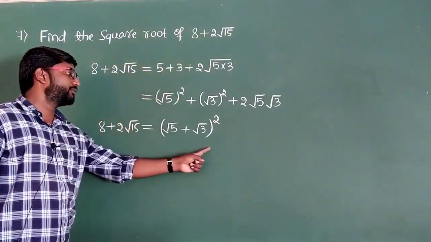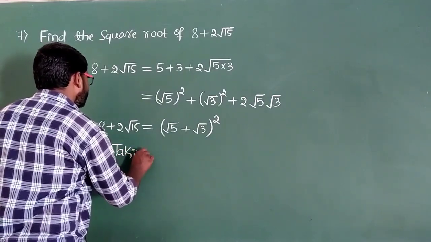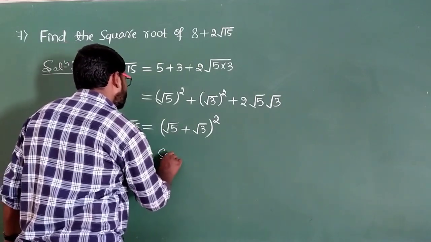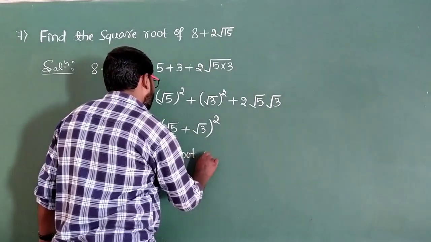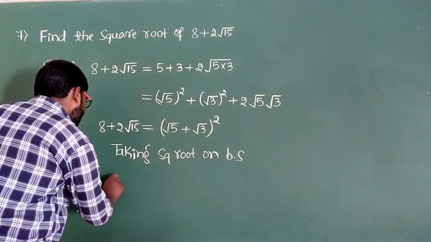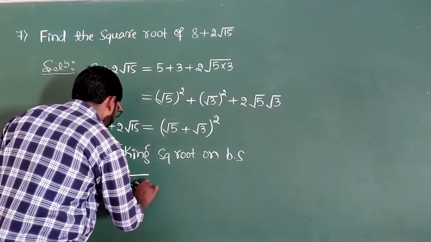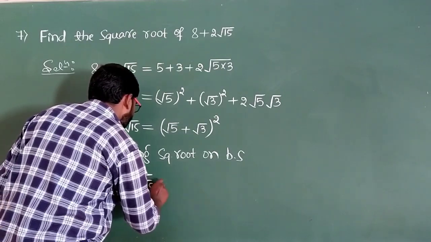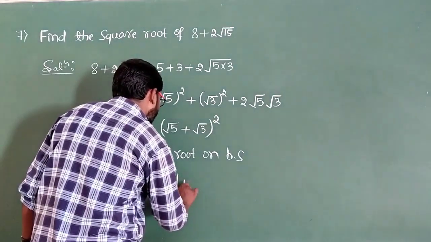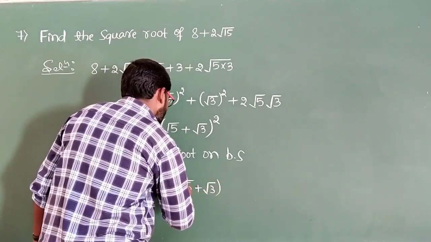So I take square root on both sides. Here we get square root of 8 plus 2 times root 15, which is equal to square root of root 5 plus root 3 the whole square.